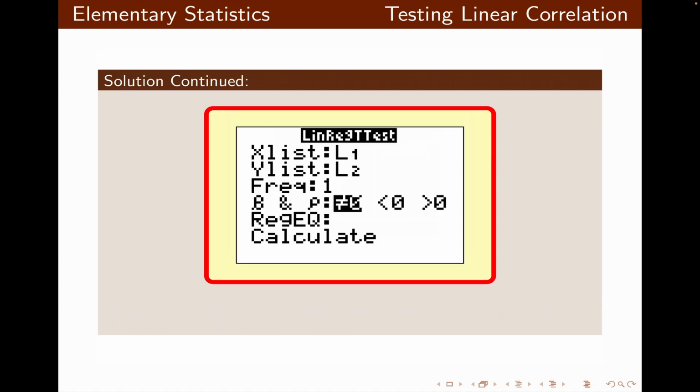So the screen should look like this: Xlist L1, Ylist L2, frequency 1, rho not equal to 0, regression equation blank, and then you press calculate to view the results.